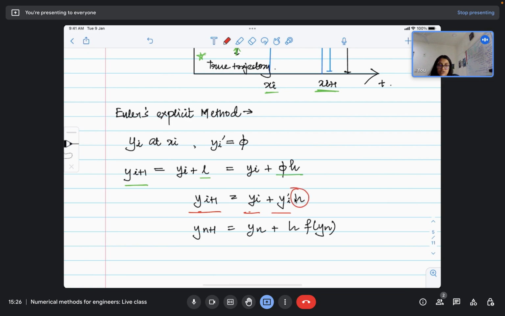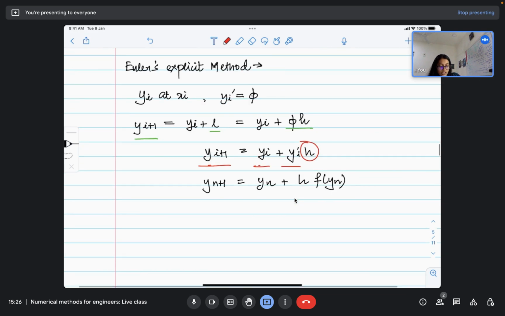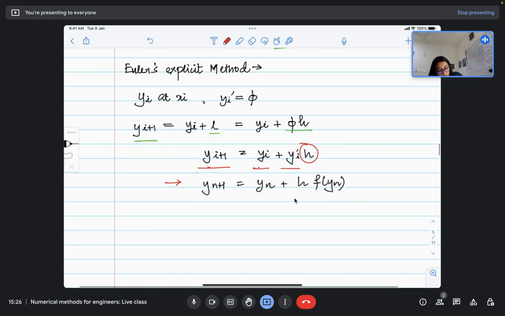Which is similar to the expression we had initially derived, that is yn plus 1, the value of y at a different interval. So if you're considering it in time domain, then tn plus 1, or in x domain xn plus 1. So the value of y, that is yn plus 1, is basically equal to yn plus h times the value of the slope at yn. Okay. So this is the expression that we had come up to, and this was the graphical interpretation of that.